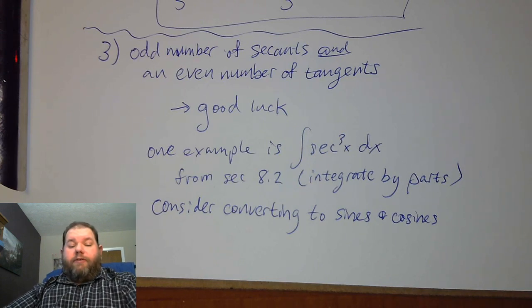I'm actually not going to ask you any of this third type. I wanted to mention it, though, because it is notoriously difficult. Secant cubed is one example. If we had tangent to the fourth, that would be another example.